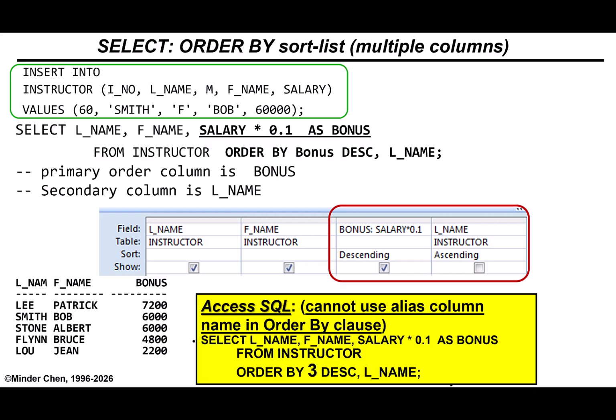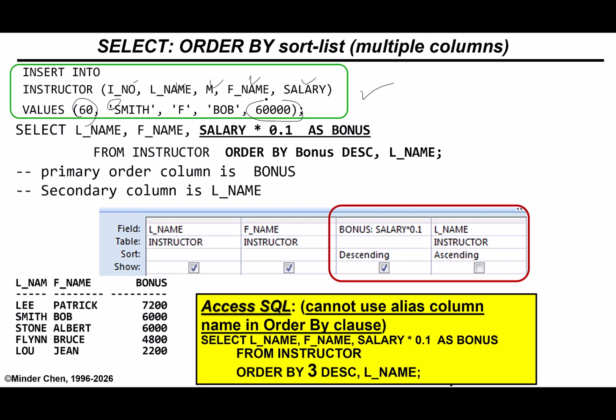Once again, we're inserting a new row. This is an insert statement. We haven't talked about the insert statement, but we're inserting a new employee, Bob Smith, making 60K. That's the corresponding column, and this is the value. If it's a string, it's in single quotes. If it's a number, you don't need quotes, like 60,000 here.